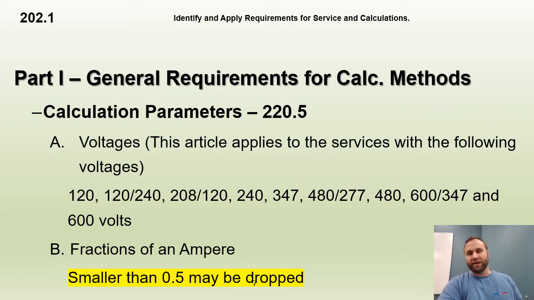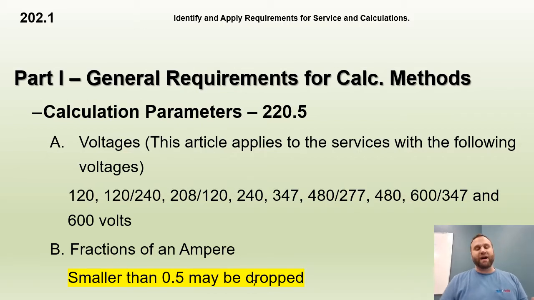That could be 120, 120/240, which is a slash rated voltage, 208/120, 240, 347, 480/277, 480, 600/347, and 600 volts. So what that spells out for us, what their intent is telling us, is that whatever service supplies these voltages, we can calculate that service based off of Article 220.